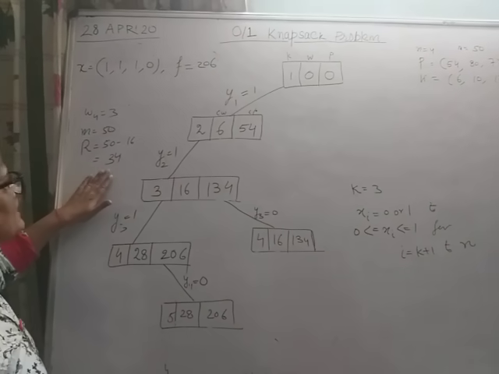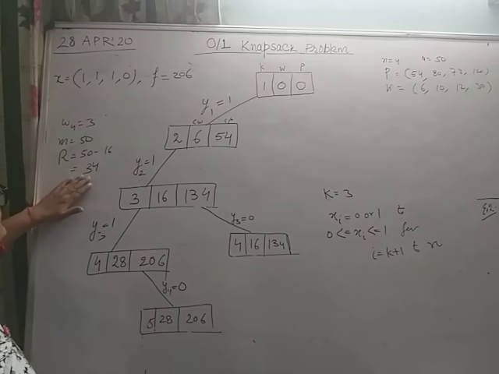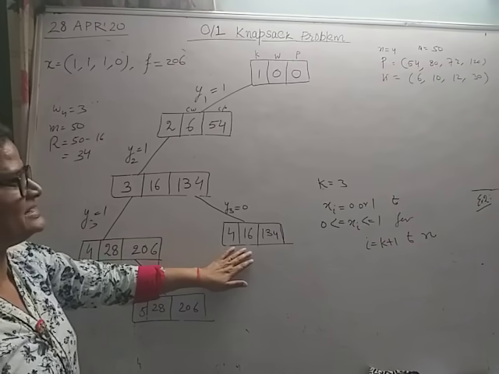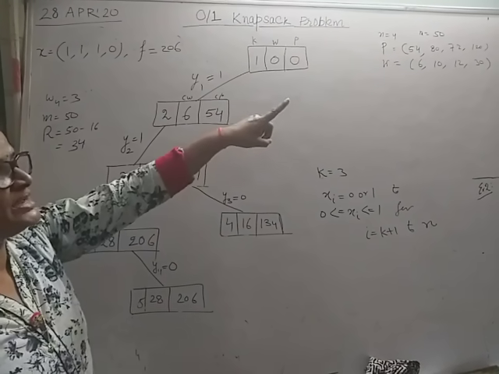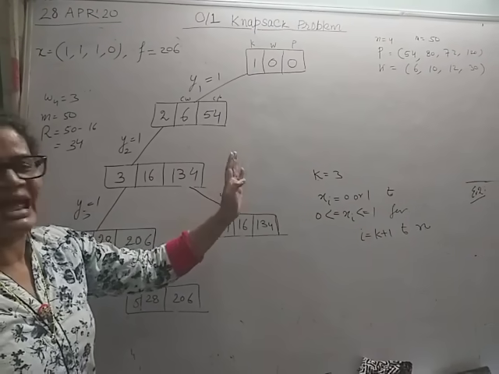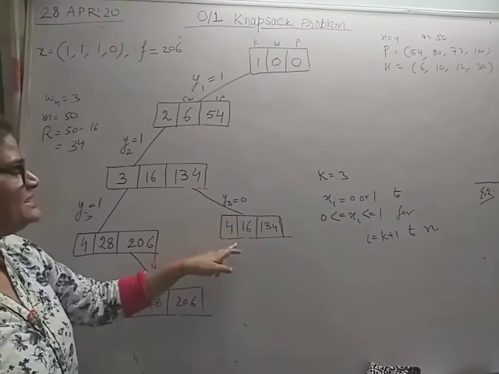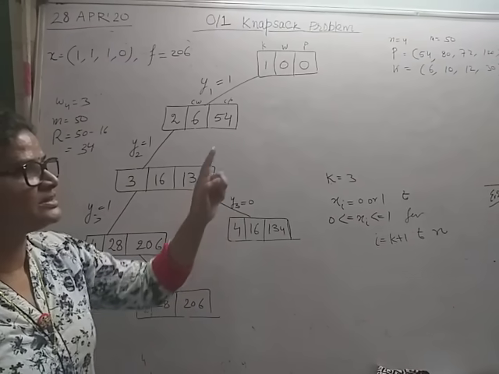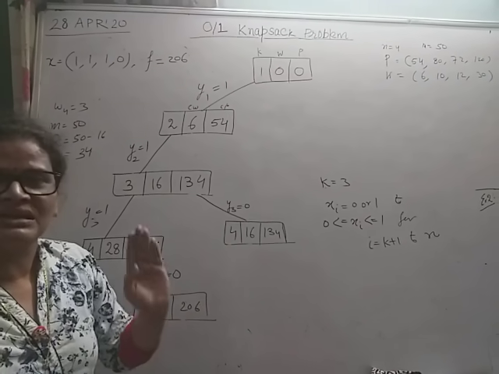then 50 minus 16 means 34. This is the remaining capacity because 16 is filled, and the weight is 30. So we can add it, because 16 plus 30 is 46. So the last weight can be added.